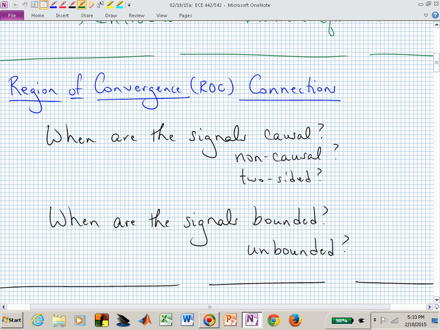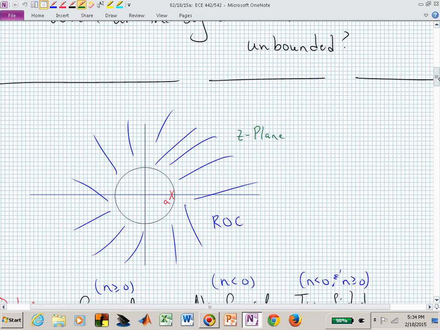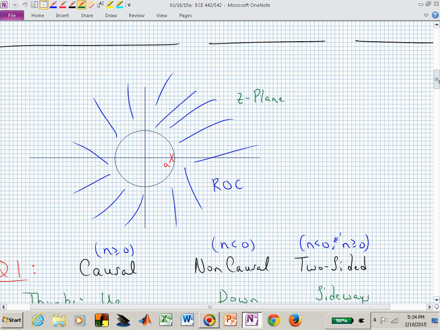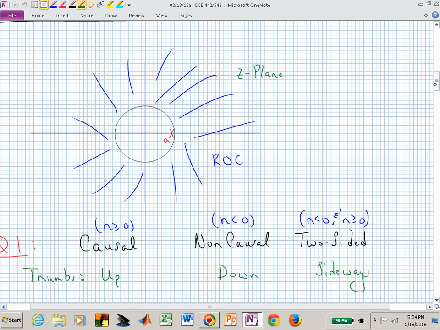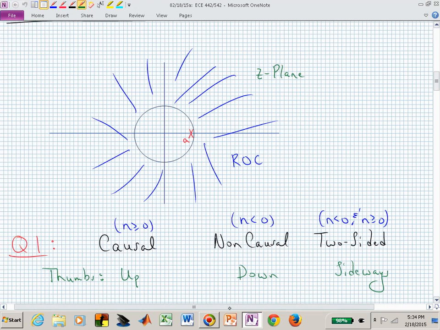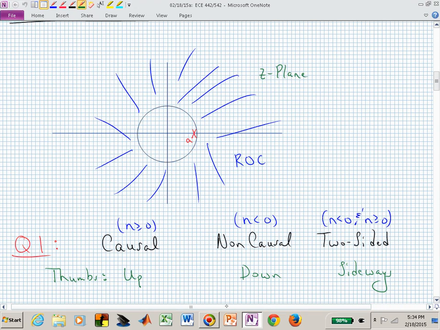Region of convergence, the connections that we're looking for are when are the signals causal, non-causal, or two-sided, and when are they bounded and unbounded, and we'll do that now by means of quiz. I really think that you need to just sit and stare at that diagram for a while. That's just very well drawn compared to earlier drawings.